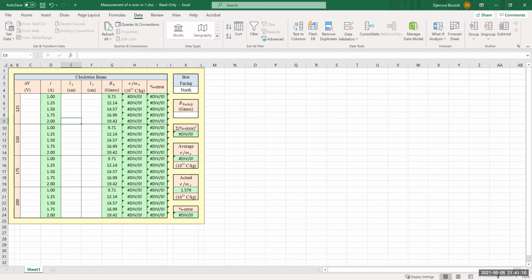Here is the solver. That is on page 10 of the instructions, in the footnote. If it is not there, do the following: file, options, add-ins, solver add-in, and then go. Here is go. Then you select the solver add-in, and now you have the solver up and running.